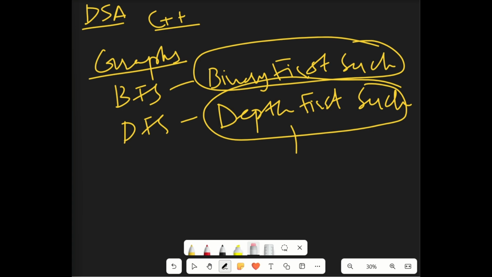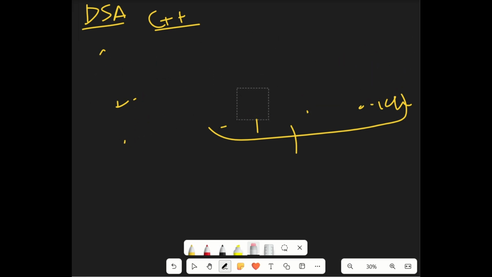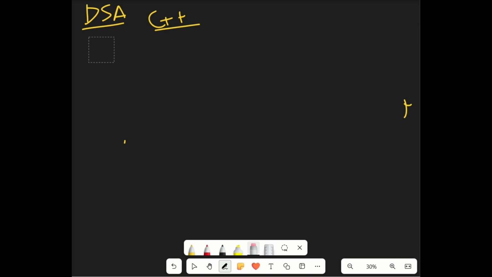Now we have hashing. What's hashing? Hashing is basically mapping data to a fixed size. That is the definition for it.